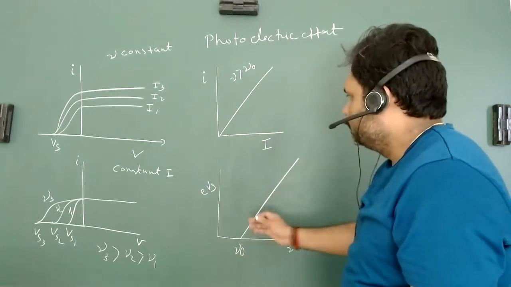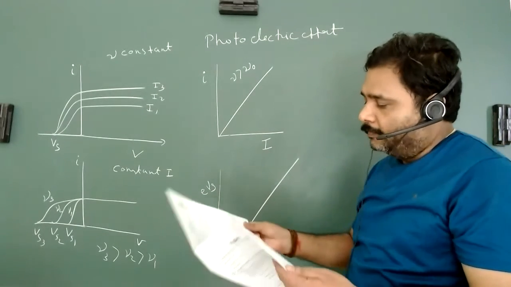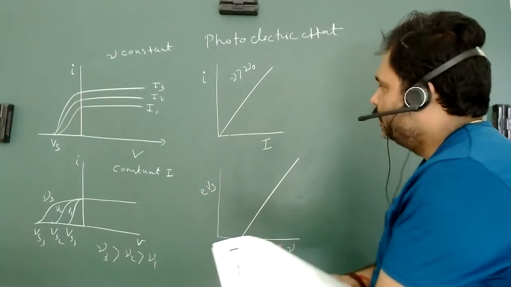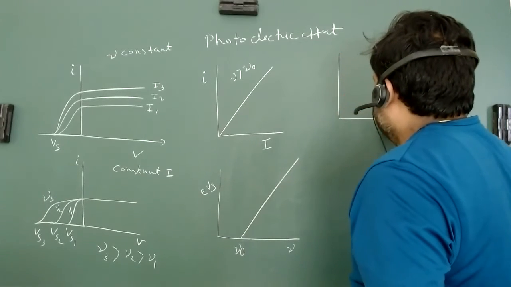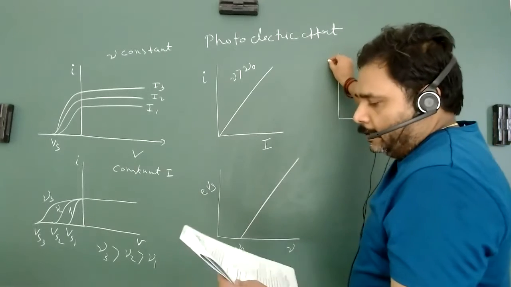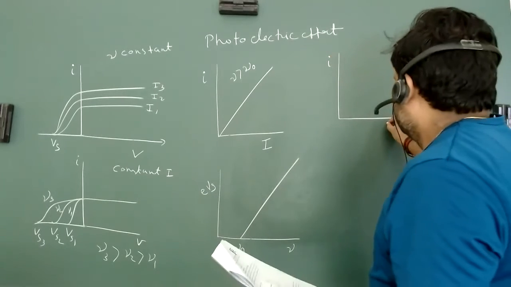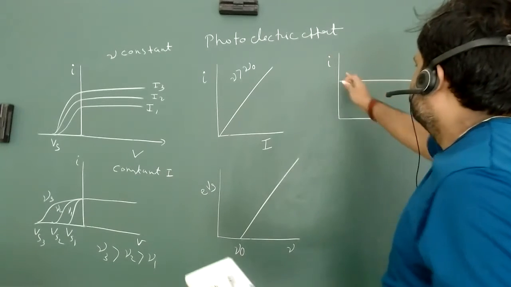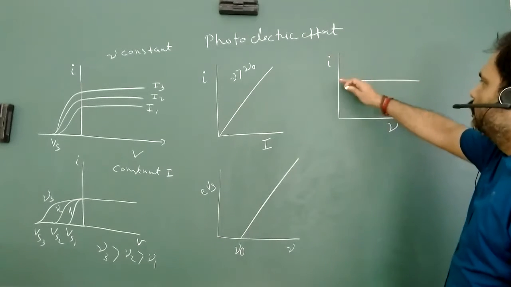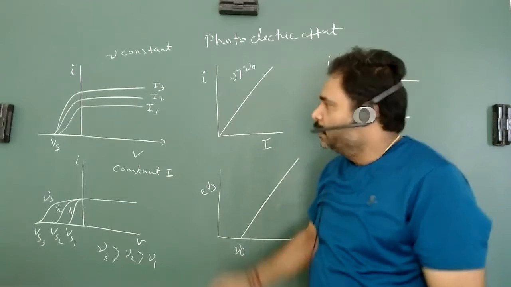This is just a straight line, and we can have one more important curve if we plot current versus frequency. Obviously this curve is a straight line, there is no change. Whatever the current is, it is not dependent on frequency.